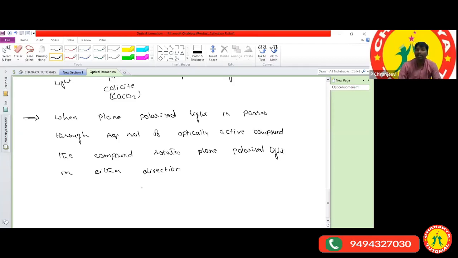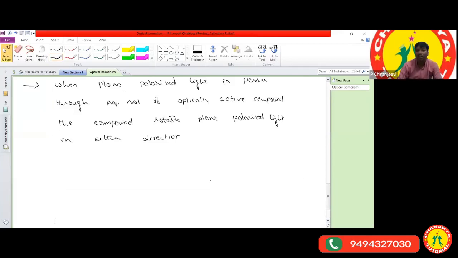So optical isomerism means: when plane polarized light passes through an aqueous solution of an optically active compound, the compound rotates the plane polarized light in either direction. Now let us see the conditions.